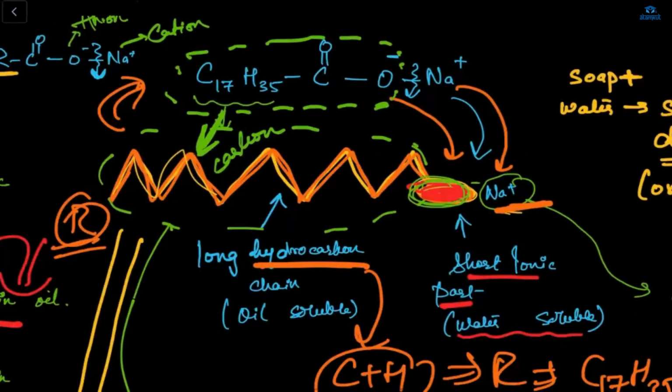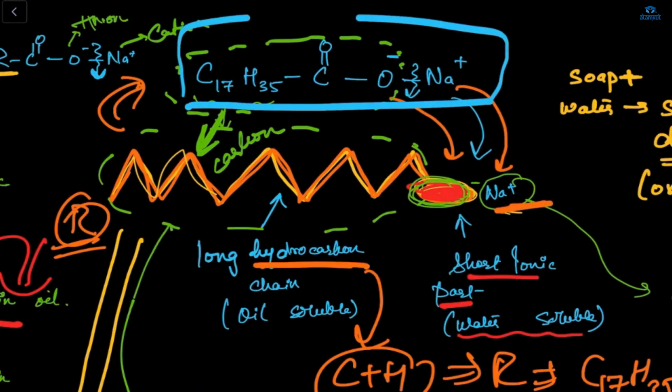Now we will see this. This is very important. Look here, this is the general formula that we already discussed. If more carbon is there, then you will have a better quality of soap. So this is this, and here is your Na or potassium, which makes it soap. Now here, this part, let me change the color.